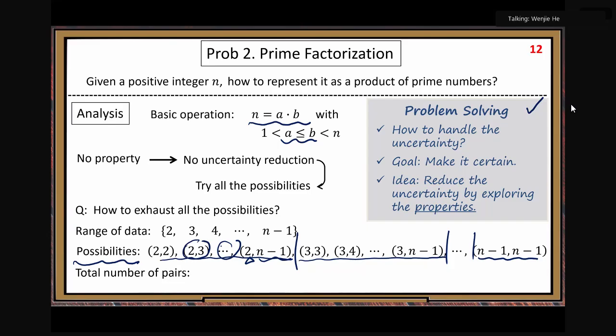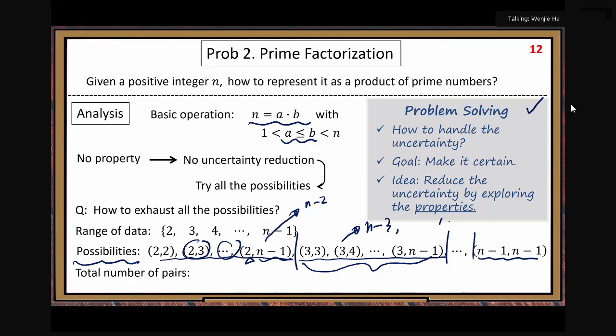Then, how many in the next category? The first one is n minus 2. The next one is n minus 3.